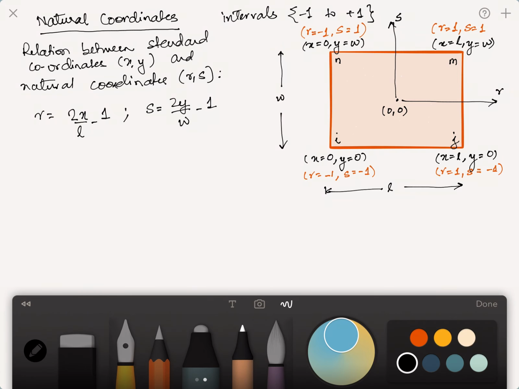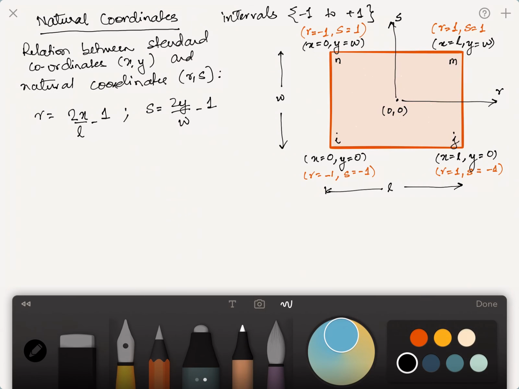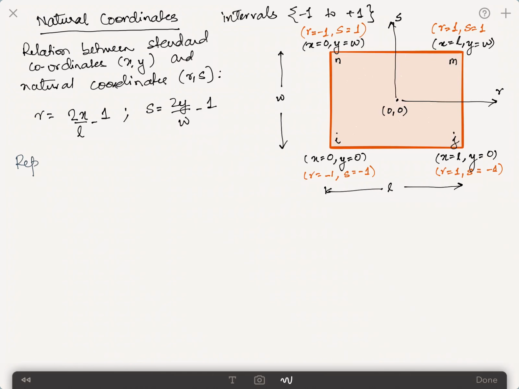Now, if we go back to the shape functions that we had already derived here, the Ni, Nj, Nm, and Nn, then we will be easily able to replace the x by r and y by s to be able to get the shape functions in the natural coordinates. So it's just a matter of replacement. So I'm going to do replacing x by r and y by s, or well, it should not just be replacing but actually substituting the relation in the shape functions.